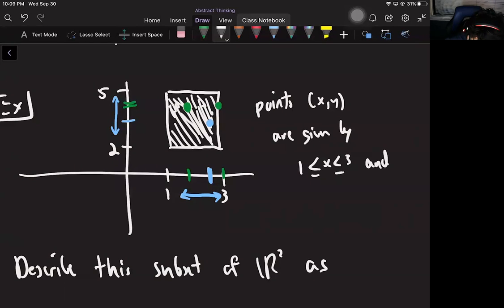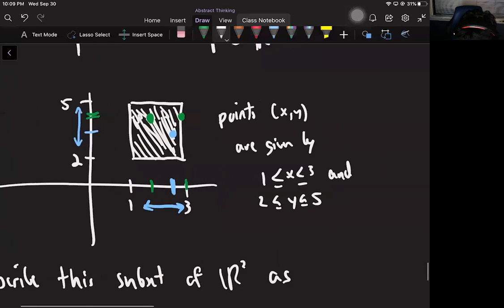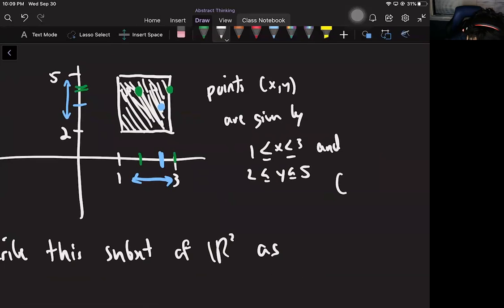And the y-coordinate can be whatever it wants as long as you stick between 2 and 5. So as long as you fulfill both of these things, so I don't know, pick something, 1.7 comma 2.3. As long as you fulfill both those conditions, which this one does, you will be in the set.